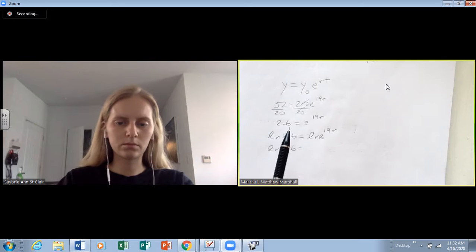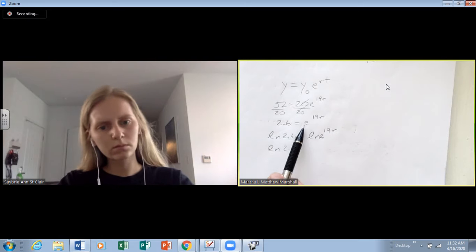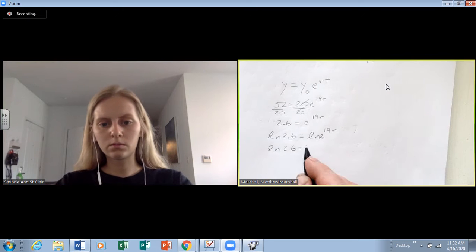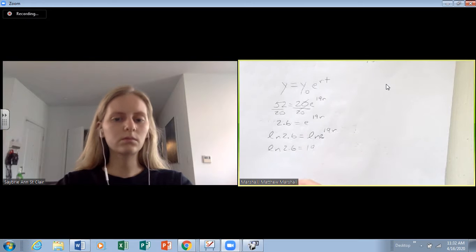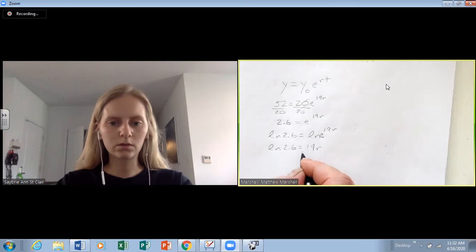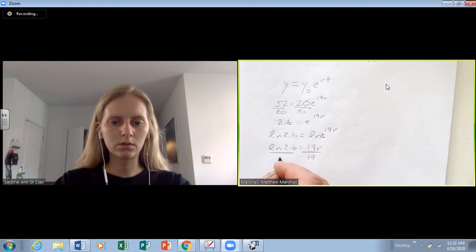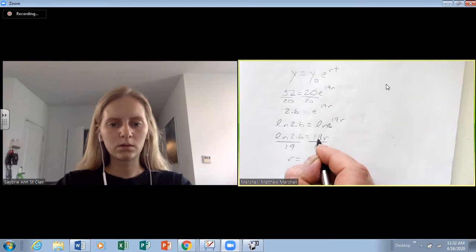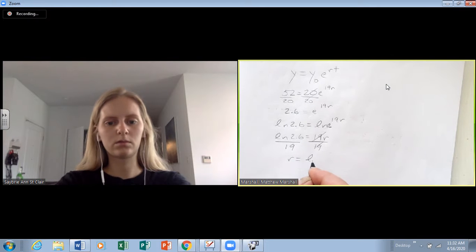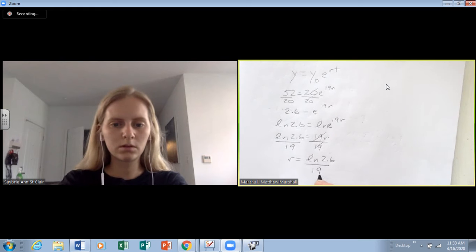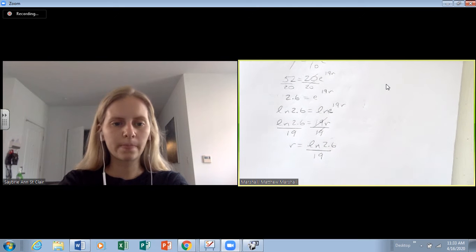Anytime you take the natural log of e, these just pretty much cancel away and just leaves you the 19r right there. So to solve for r, I'm going to divide by 19, and that gives me r equals natural log 2.6 divided by 19.